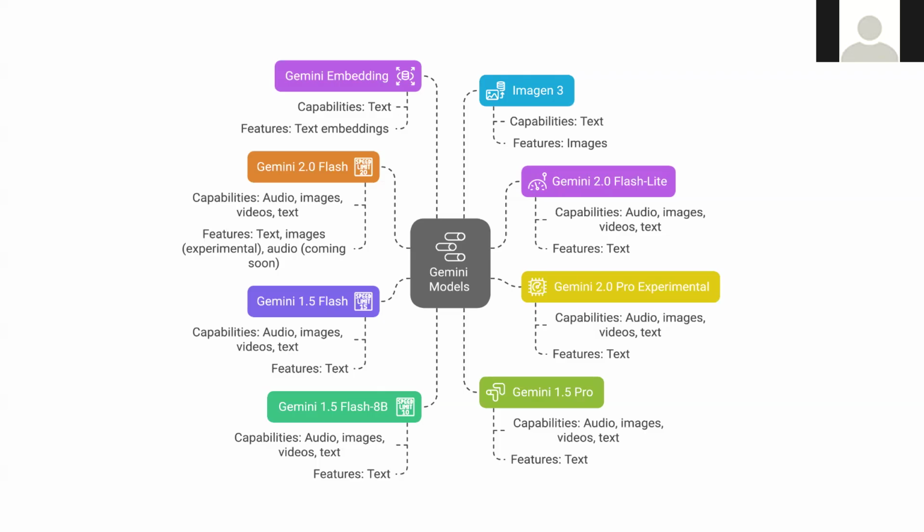There is also a reasoning model, but I think it's maybe part of pro experimental. Basically, it provides a couple of model options with its capabilities that are visible here. We're using Flash 1.5, which is good enough for our requirement.